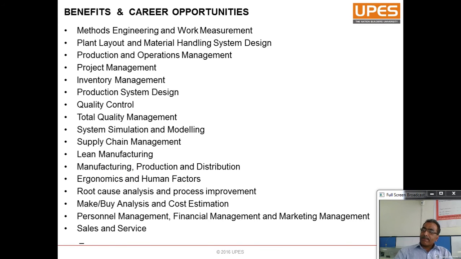So there is a lot of scope existing in these areas, where a lot of knowledge gaining as well as knowledge transformation can be done.